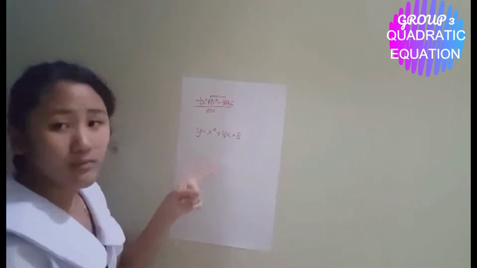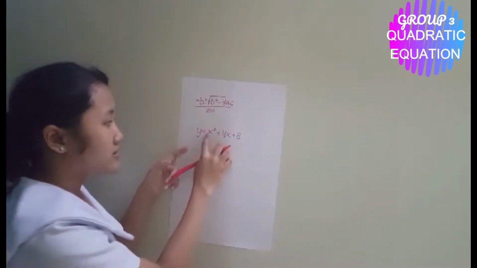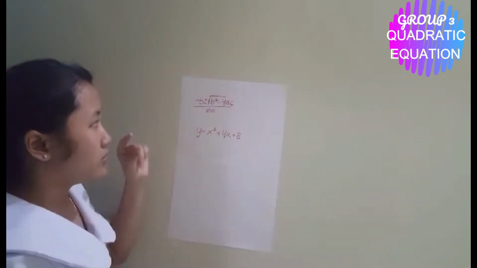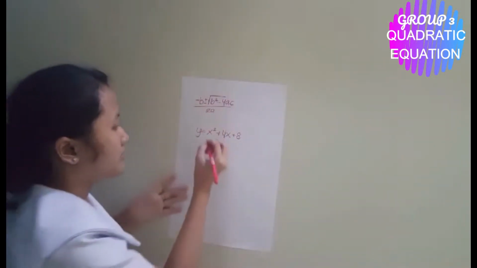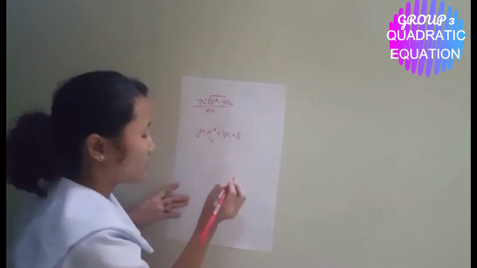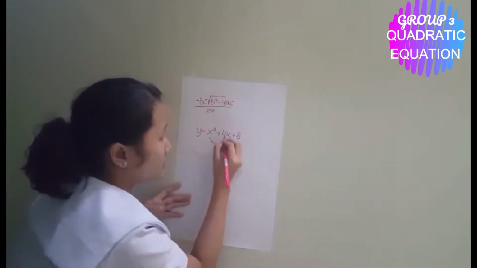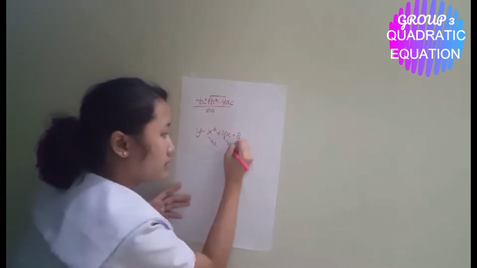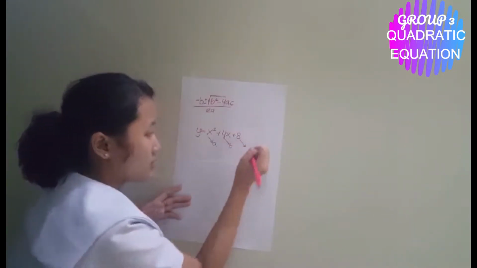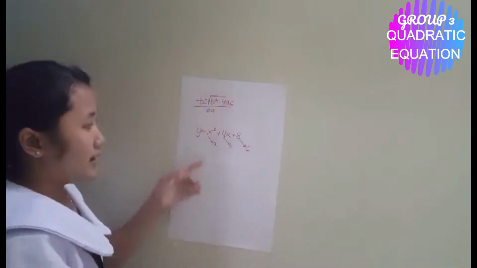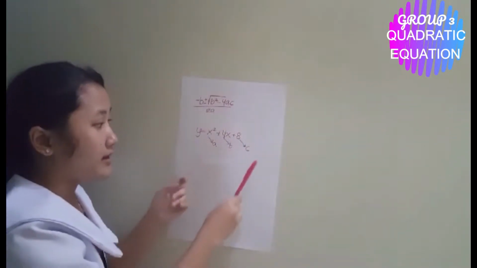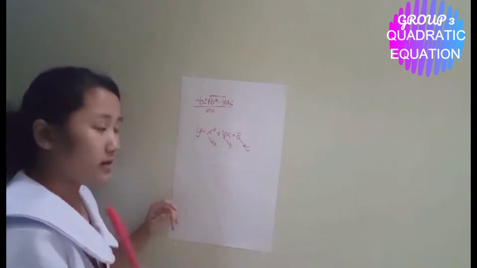So these terms correspond to each of these letters. So x squared corresponds to a, 4x corresponds to b, and 8 corresponds to c. A is the quadratic term, b is the linear term, and c is the constant term.